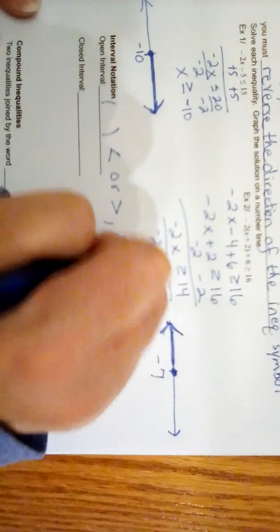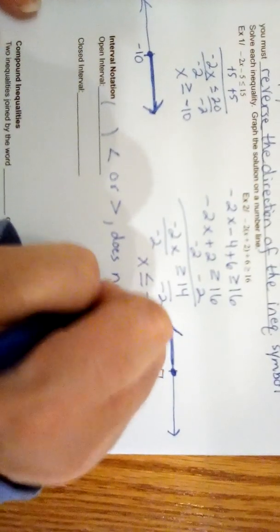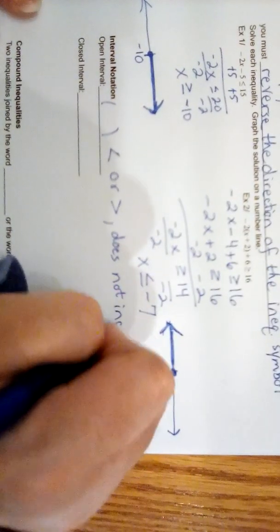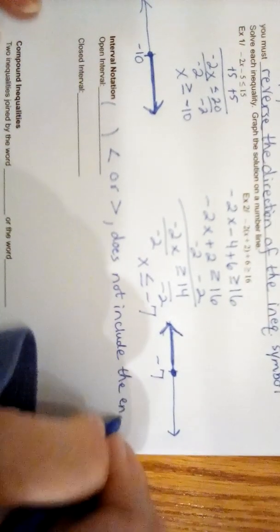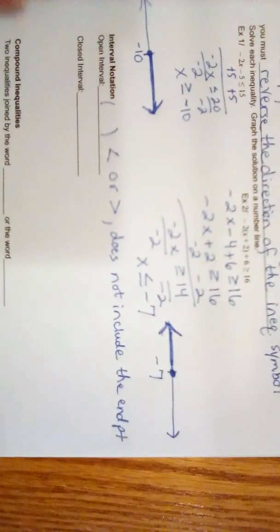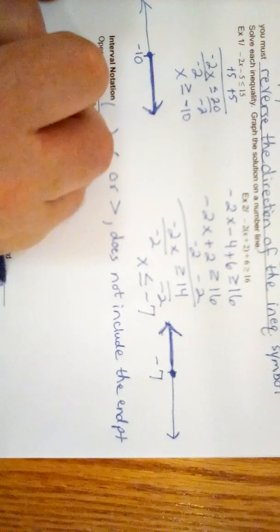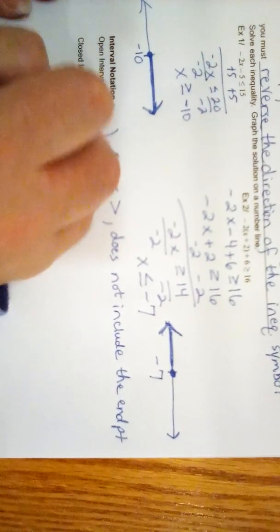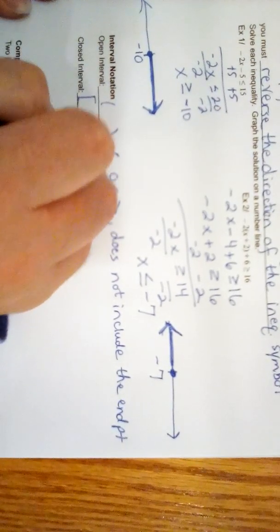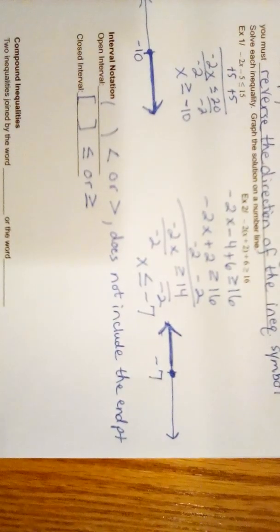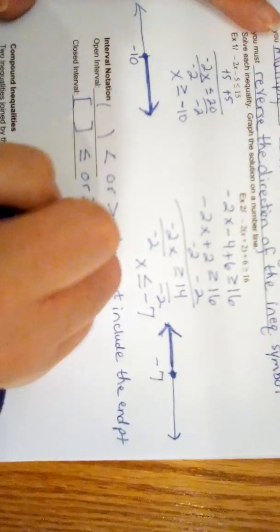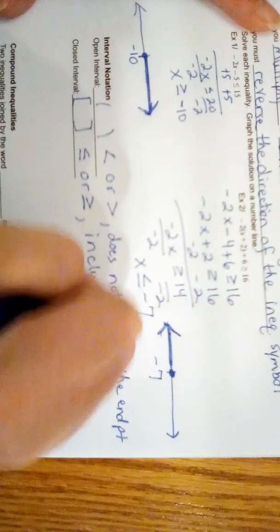So that means it does not include the endpoint. A closed interval is done with brackets, which are square parentheses. We use those when we have less than or equal to or greater than or equal to. And that includes the endpoint.